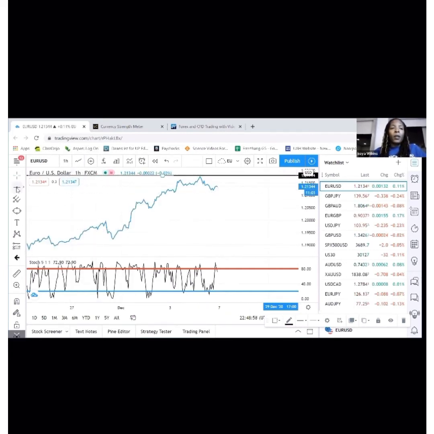And now on the 1 hour, I'm looking for the highest point to the left, which is here, and my lowest point. So I'm going to mark here, okay? So my highest point was this one. My lowest point from current market is currently here.